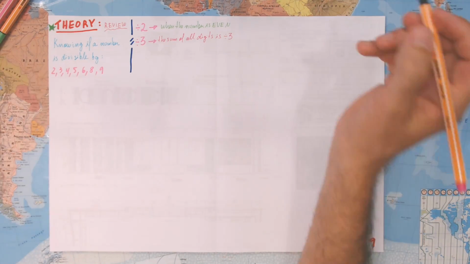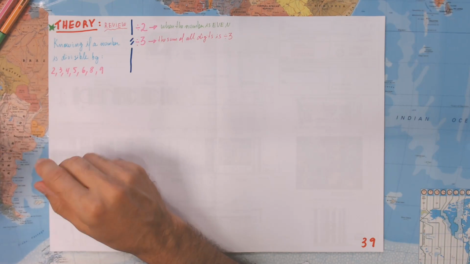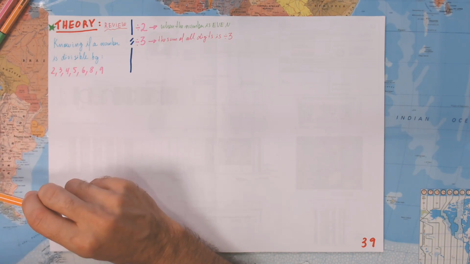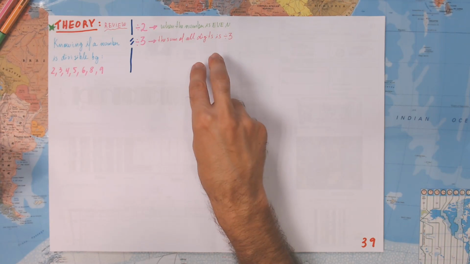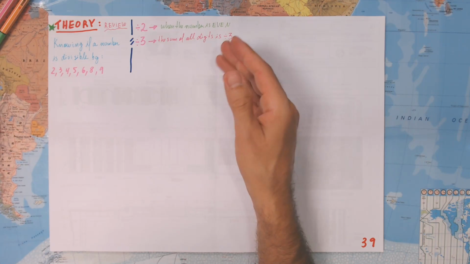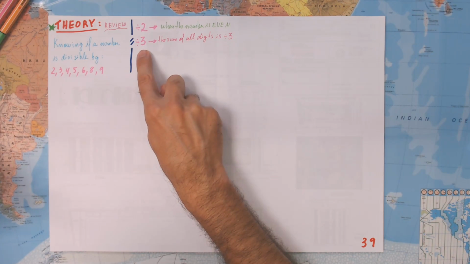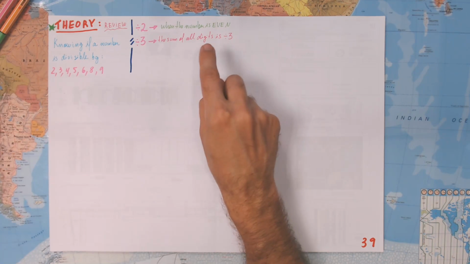Okay? For instance, you know that 18 is divisible by 3. Why? Because if you add 1 and 8, the digits, it's 9, and 9 is divisible by 3. We also know that 24 is divisible by 3. Why? Because 2 plus 4 is 6, and 6 is divisible by 3.